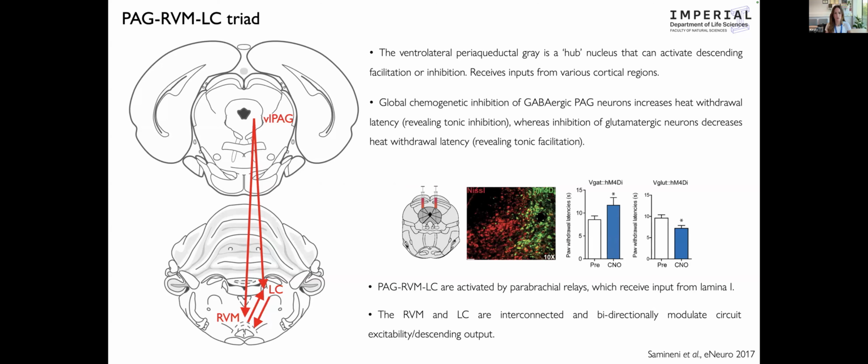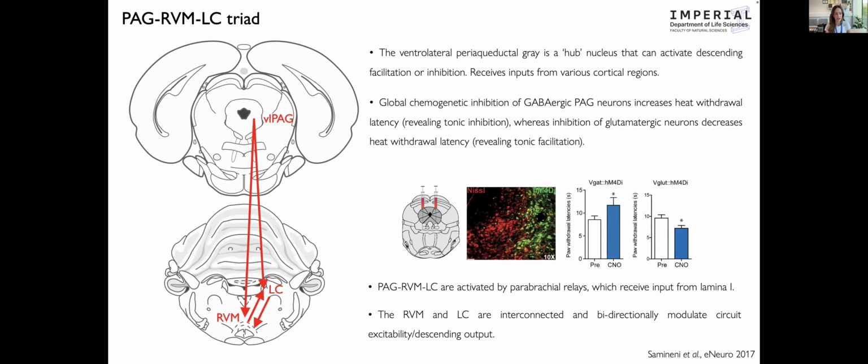So the PAG, of course, is this hub nucleus that can activate descending facilitation or inhibition, a crucial site for opioid-induced hyperalgesia. A number of previous studies demonstrated that glutamate and GABA play critical opposing roles in nociceptive processing in the ventrolateral PAG, but the inability to exclusively manipulate subpopulations of neurons therein had prevented a solid understanding of the nature of these roles.